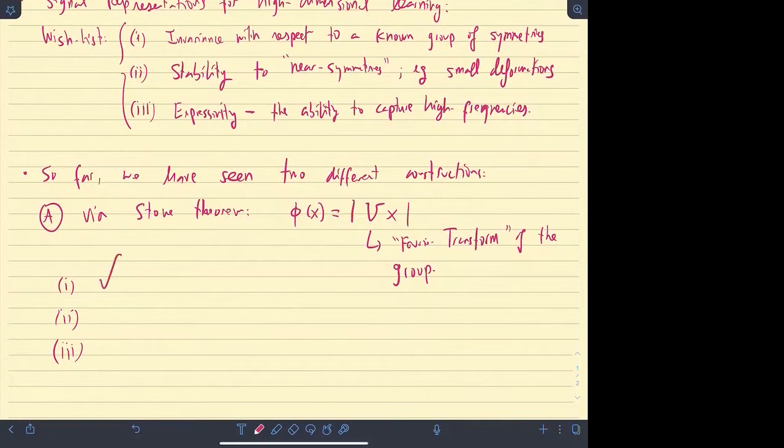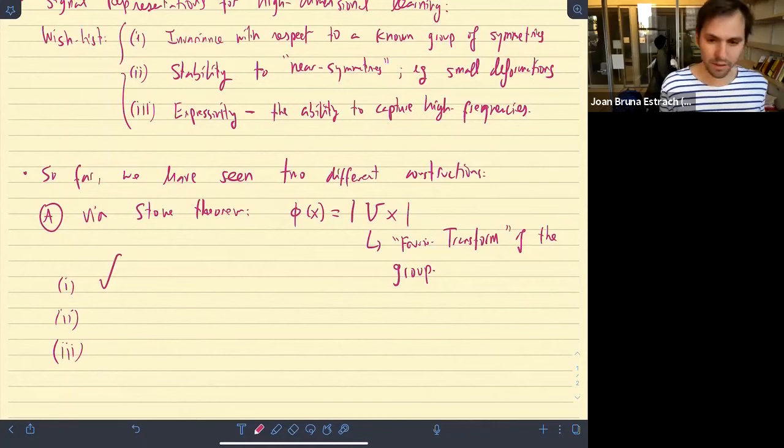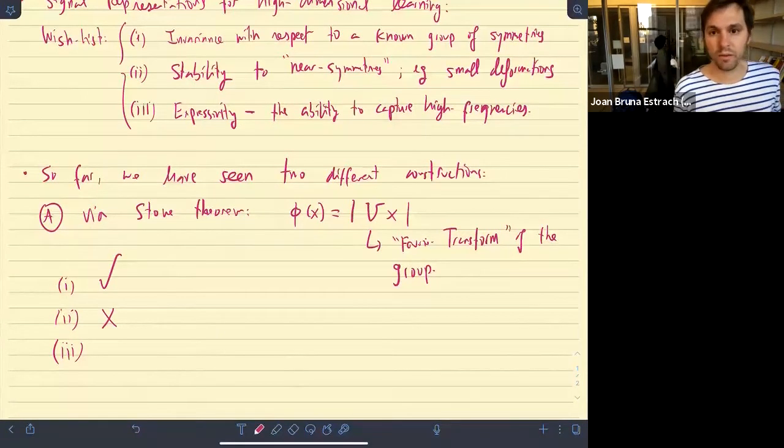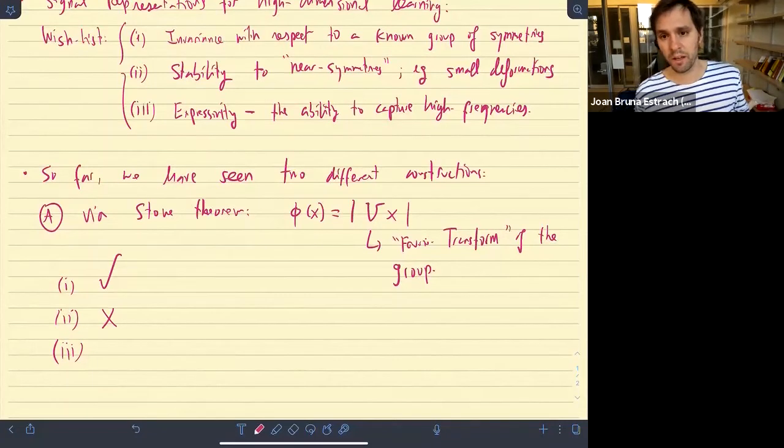Does this representation satisfy the stability to near symmetries? That's what we computed last week. That was the failure. When you have a modulus of the Fourier transform, high frequencies become unstable, even for a very slight transformation that is almost like a translation.